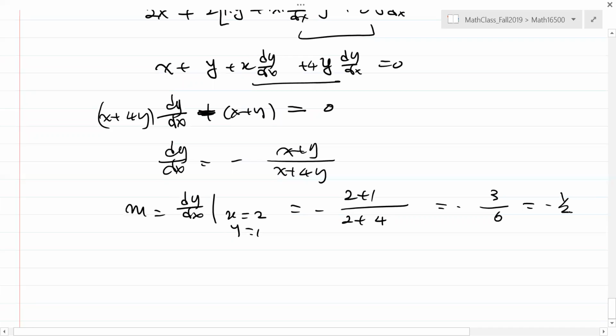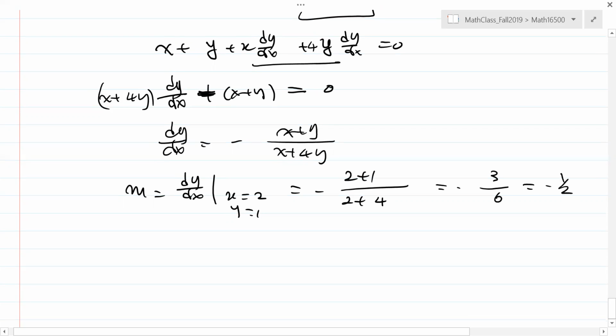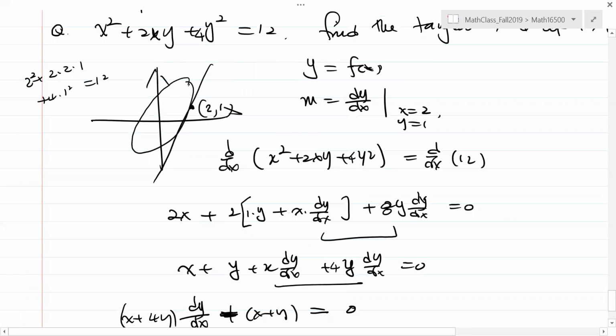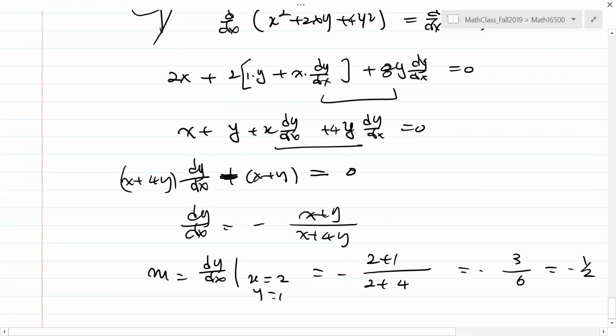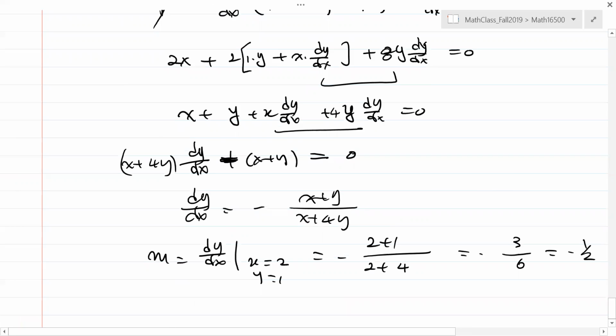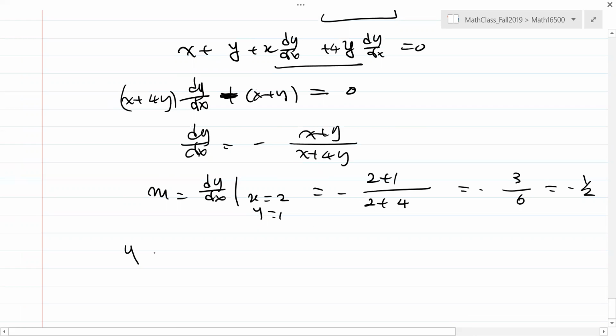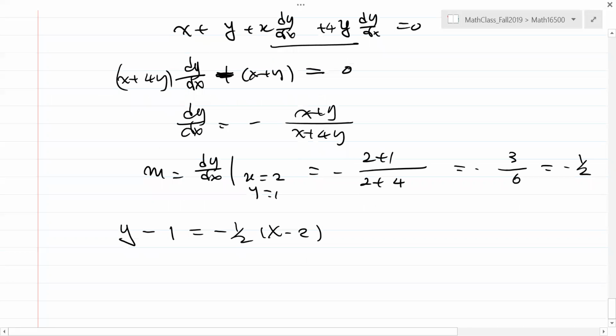That is the slope of the tangent line. It's actually negative, so my original picture is not correct. I just sketched it like an ellipse. So the tangent line is in the other direction. The slope is negative. So the equation for the tangent line will be y minus 1 equals negative 1/2 times (x minus 2).